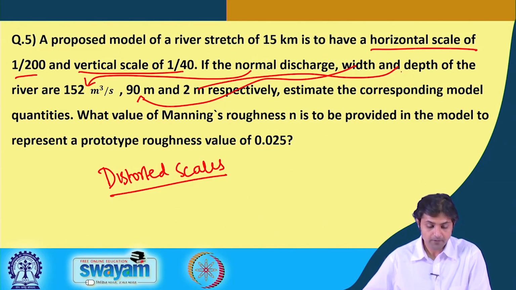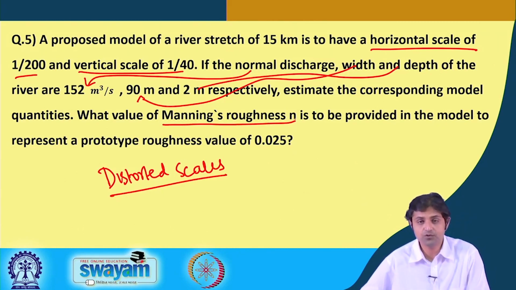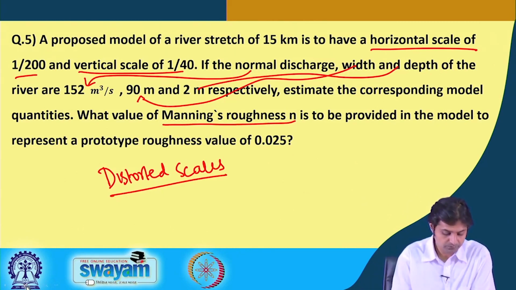What value of Manning's roughness n is to be provided in the model to represent a prototype roughness value of 0.025? So basically this question will demonstrate all the distorted scale, including the Manning's roughness question that I gave you to solve at home.